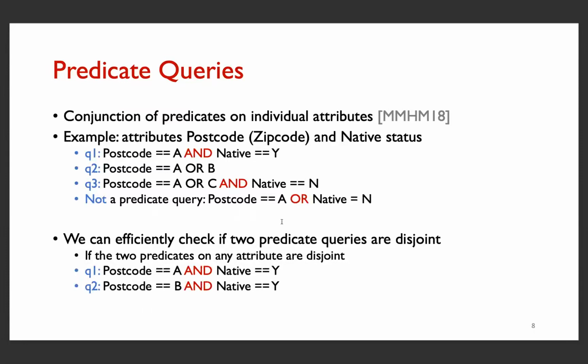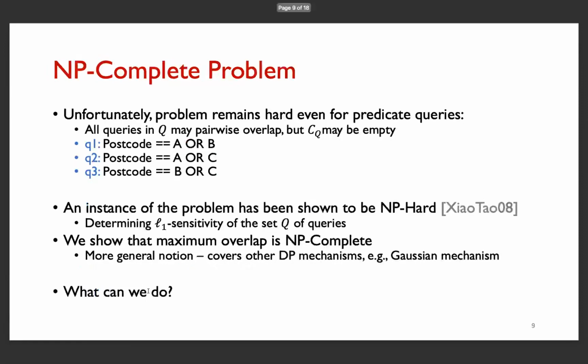And the reason to use predicate queries is that we can check if any two queries are disjoint by looking at the predicates individually. If on any attribute the predicates are disjoint, then the queries are disjoint, as in this case.